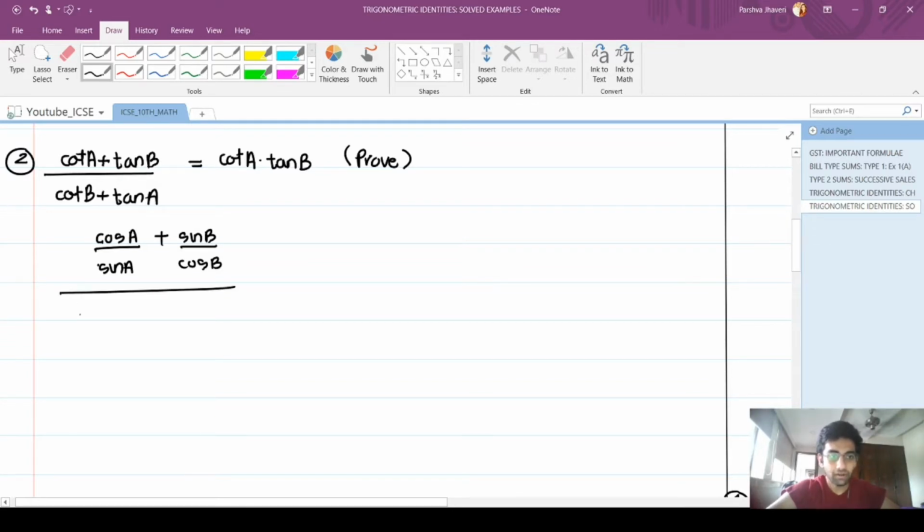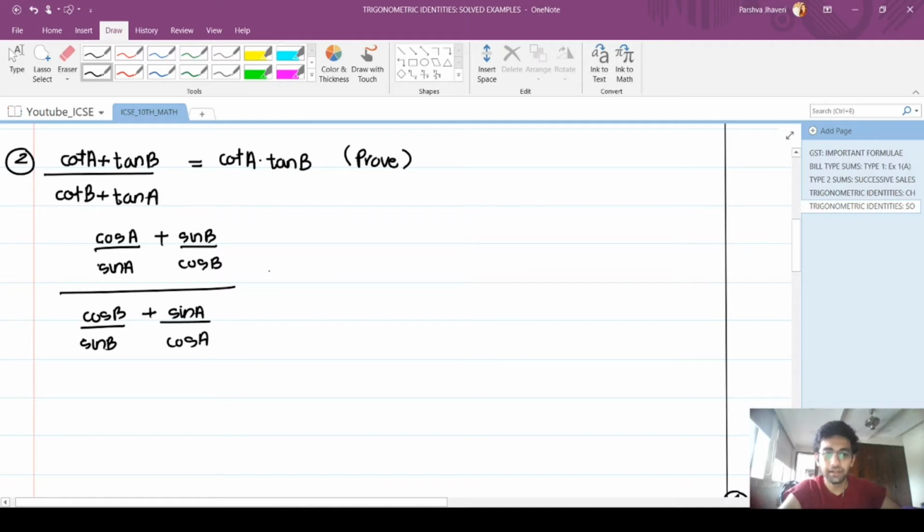And cot B is nothing but cos B upon sin B, and tan A is nothing but sin A upon cos A.